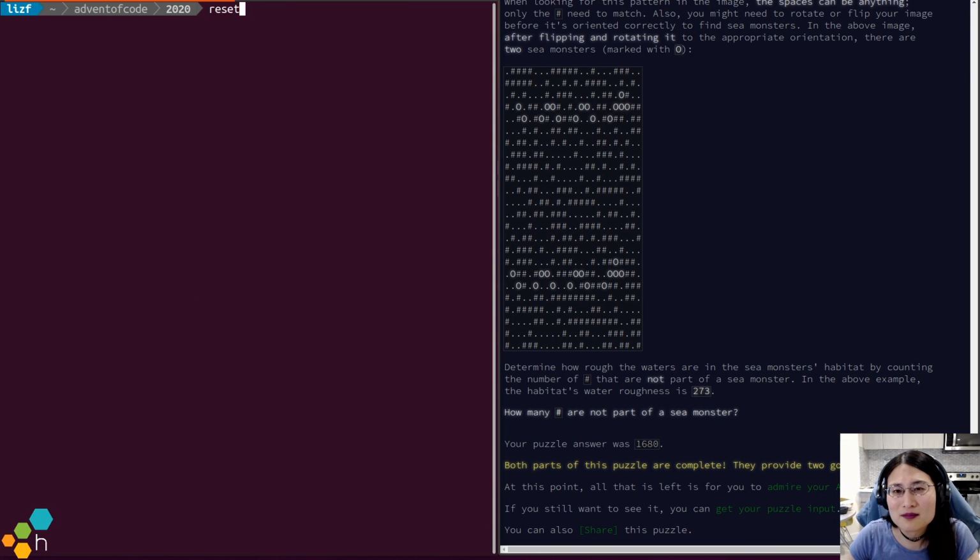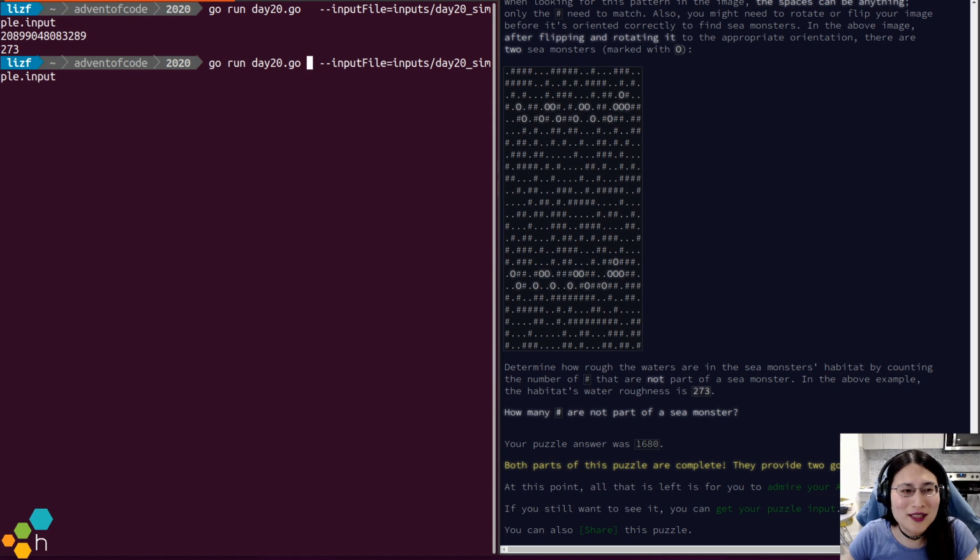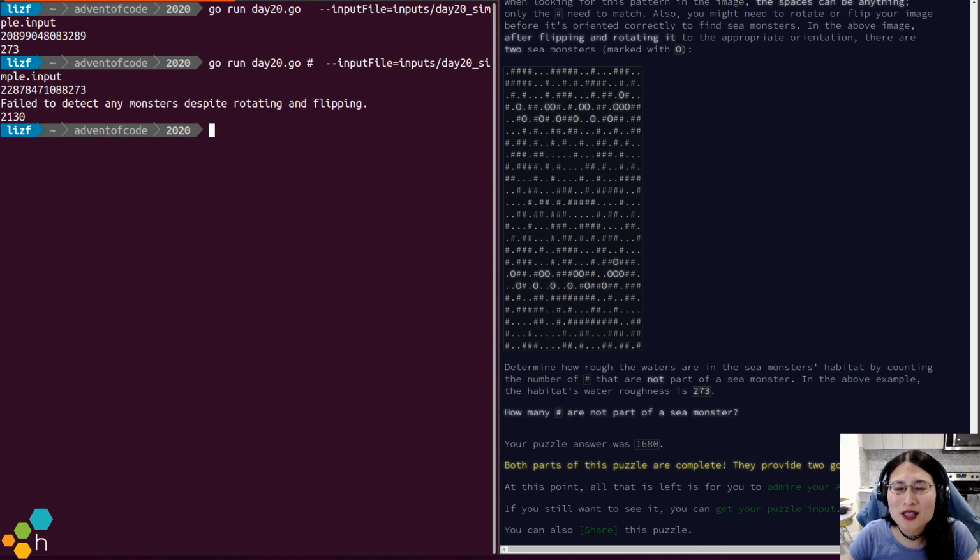Okay. All right, so that one does in fact generate the correct output. And yep, we're failing to detect any sea monsters. Okay, well that's progress. So my code now works on the example code.